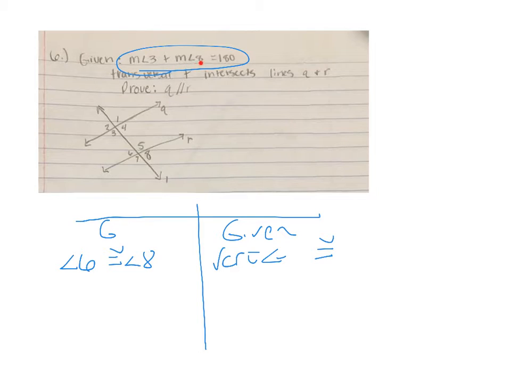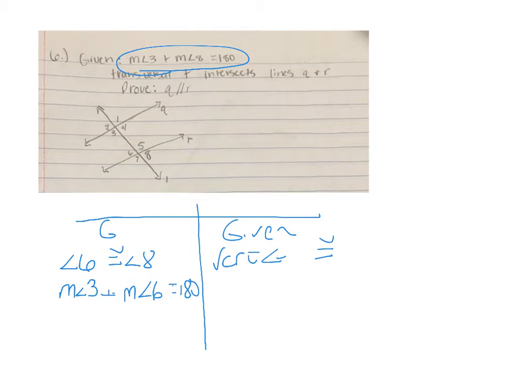You would go ahead and you would replace this measure of angle 8 with the measure of angle 6, since it's the same as that. And that's actually what you would write here then. You'd say, all right, I'm going to rewrite this measure of angle 3 plus measure of angle 6 equals 180.